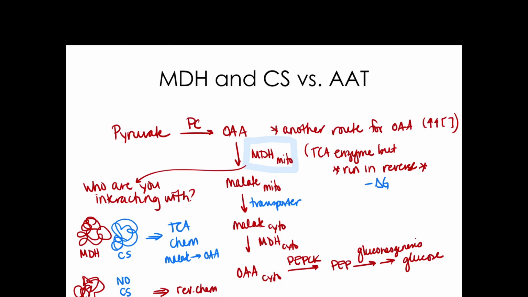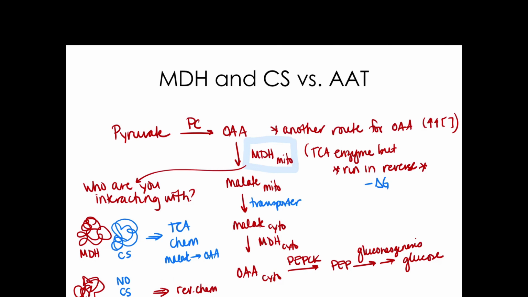It can take oxaloacetate and actually make it into malate. So part of the research that actually goes on with students in my group is we're looking at understanding what dictates this association between malate dehydrogenase and citrate synthase if we want to have chemistry going on, and then allows it to not be associated if we want to be doing different kinds of chemistry.